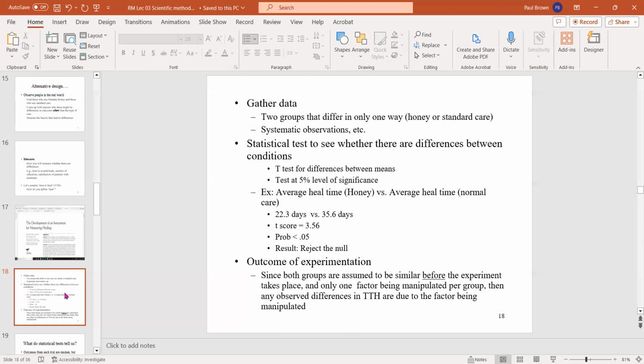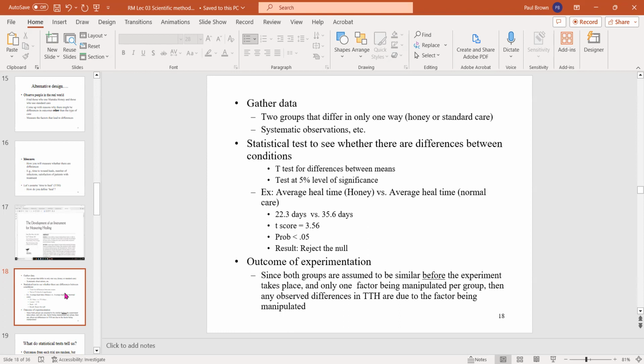Well, the way to ask that is to say, could you get a number of 22.3 days if there was really no difference between standing prayer and Manuka honey? Could you get that number? Yes. It's highly, highly unlikely you'll get that number, but you could get that number. So therefore, we haven't proven it.